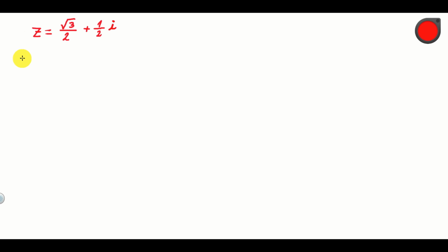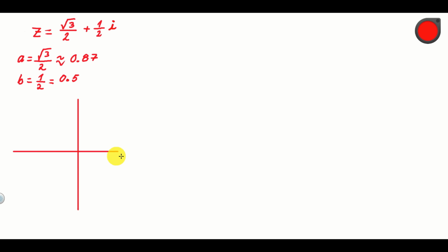Here's our complex number. a is equal to square root of 3 over 2, and this is approximately 0.87, and b is equal to 1 over 2, and this is exactly 0.5. Let's sketch this complex number in the complex plane, and let's identify the case.